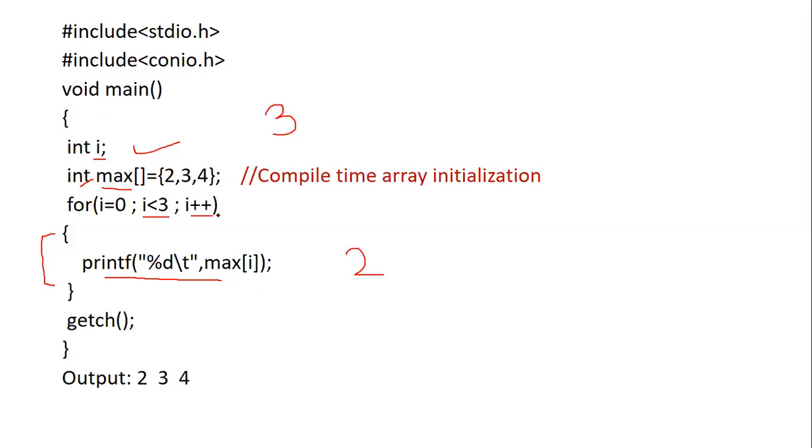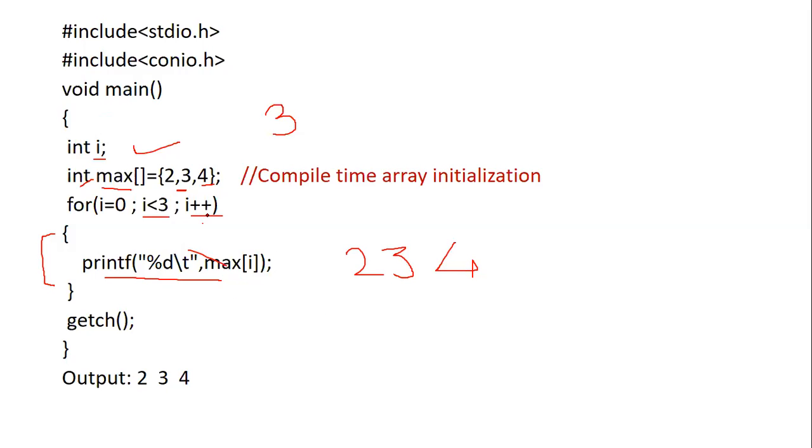Again, when the value of for loop increases, I plus plus, it becomes 1. So we get max of 1 as 3, because you can see here the second value is 3. Now next time the value gets incremented, it becomes 2. So max of 2 is 4.